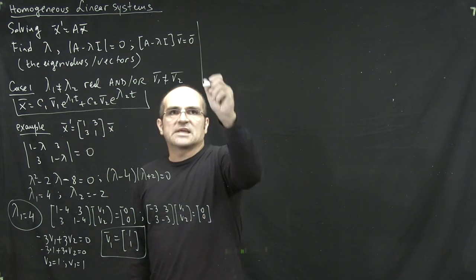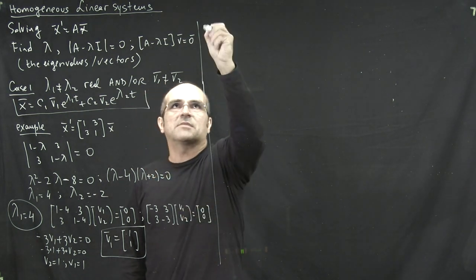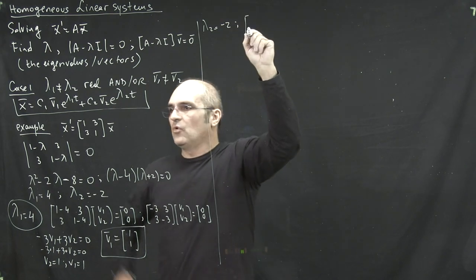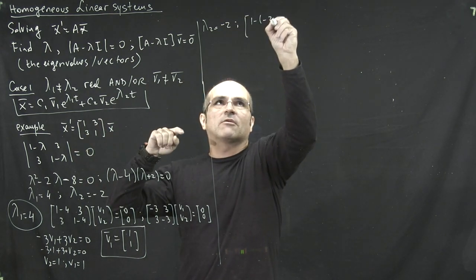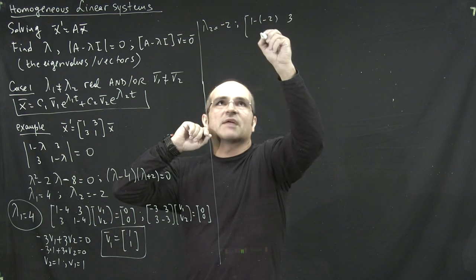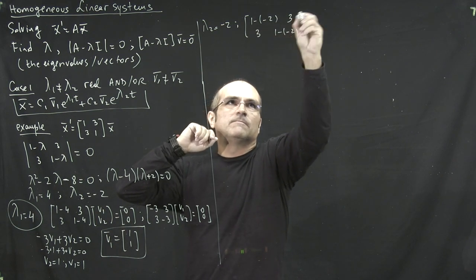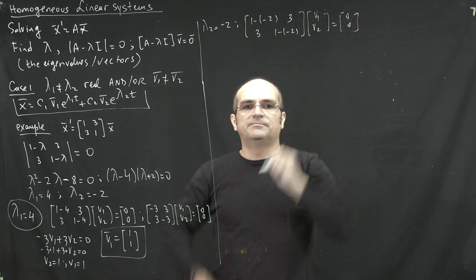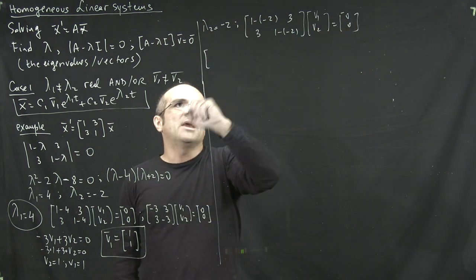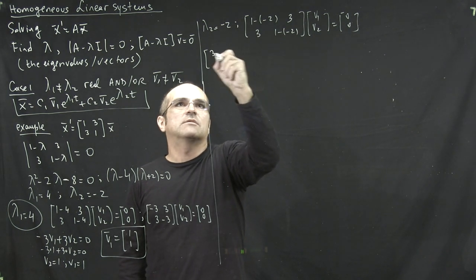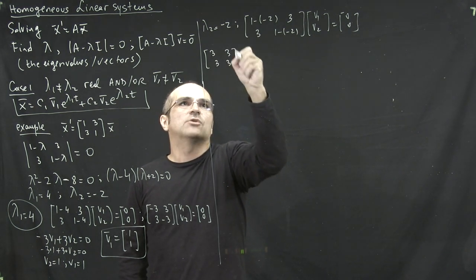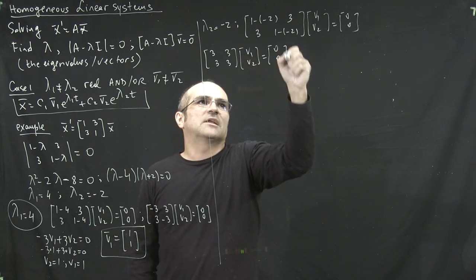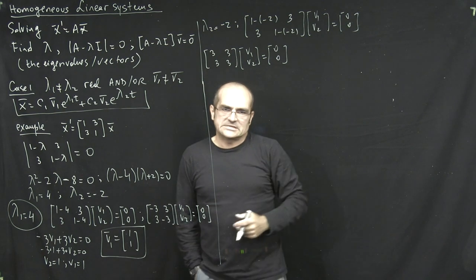So let's continue with the second eigenvalue, lambda 2 equals minus 2. Again, very carefully pull out minus 2 from the main diagonal, so we have a double negative there, and 0, 0 on the right hand side. The matrix is now 3, 3, 3, and 3. Again, if you practice enough, you should be able to tell right away out loud what the eigenvector is.